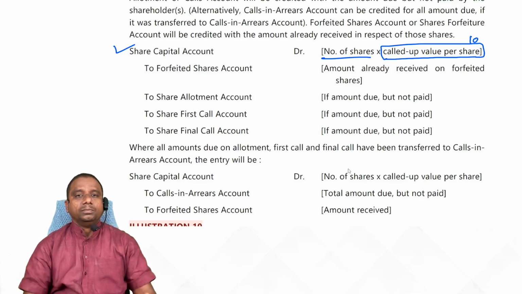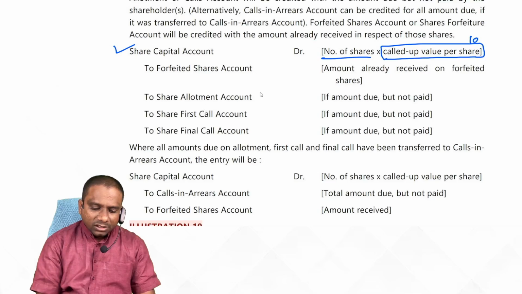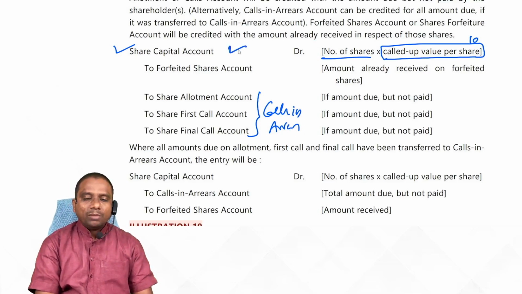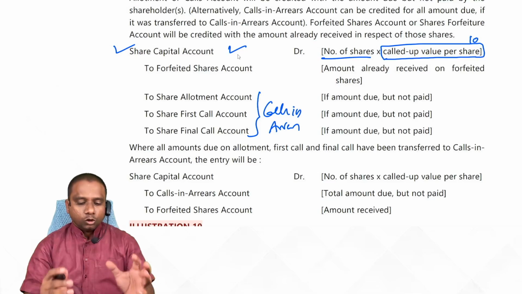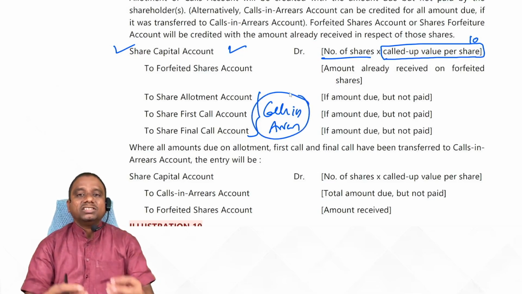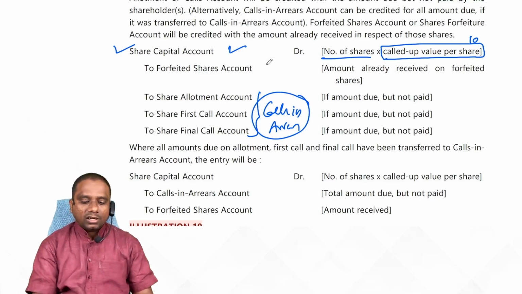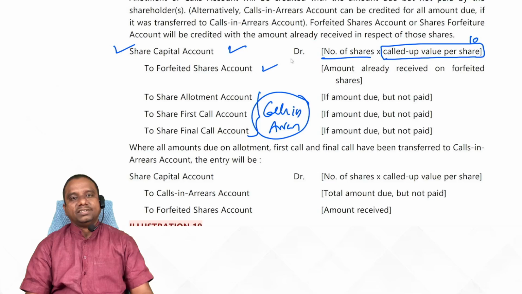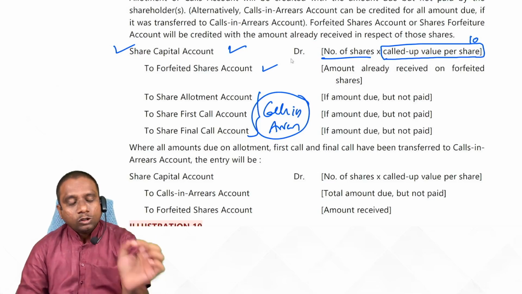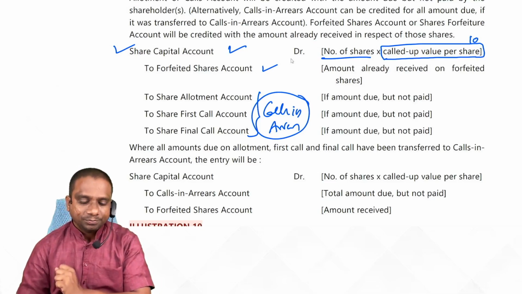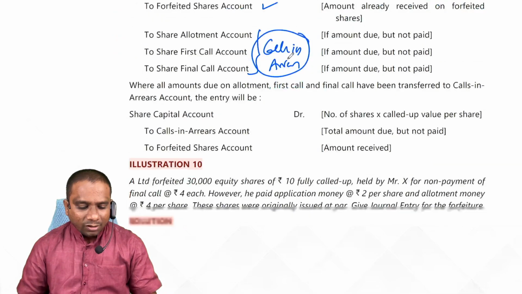Okay. To calls in arrears account, directly you can write. Calls in arrears means this is the capital amount the shareholder should pay, but the amount he has not paid is the calls in arrears, and the amount he has paid goes to forfeited shares. Transfer the amount paid by the shareholder to a separate account called forfeited shares account. Okay, difference amount. After that, reissue.